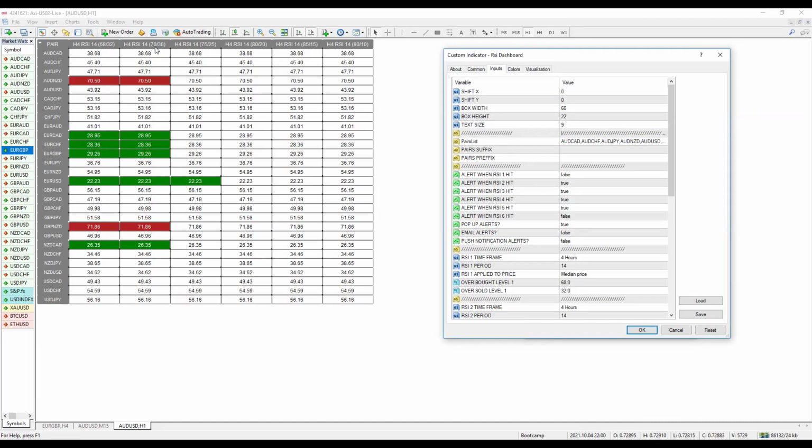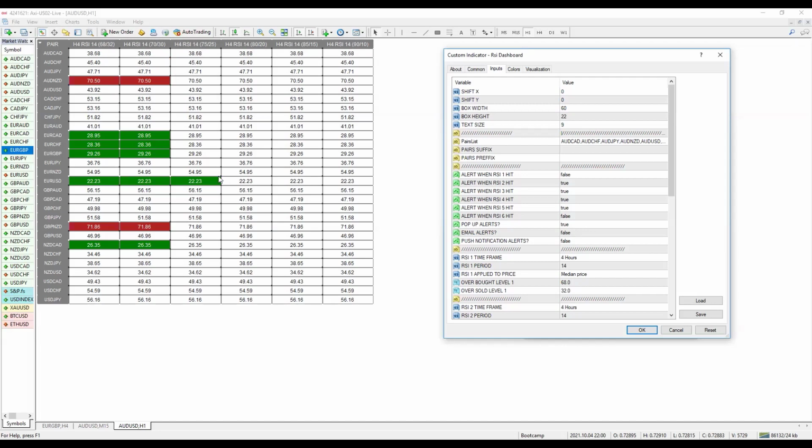It also shows me the 70 and 30 levels, 75, 25, 80, 20, 85, 15 and 90, 100. It rarely gets there. If it's getting there, something fundamentally has gone wrong, typically with the market. But when it gets up to these levels, I start paying attention.